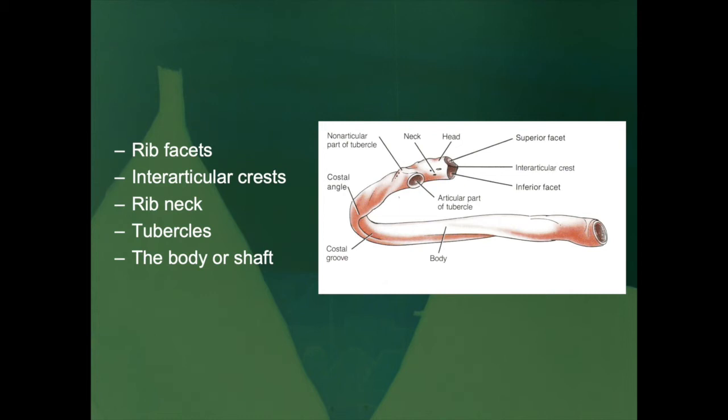You have the head, you have a superior and inferior facet there that associates with the demifacets that we saw with the thoracic portion of the vertebral column, those above and those below. So it kind of falls on the dividing line between, let's say, T2 and T3. And that would be the head.